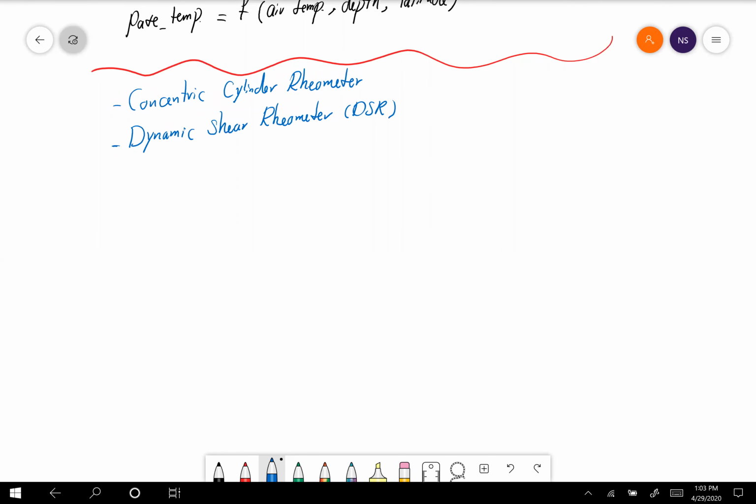For the short-term aging, we are using equipment called the rolling thin film oven, or RTFO.